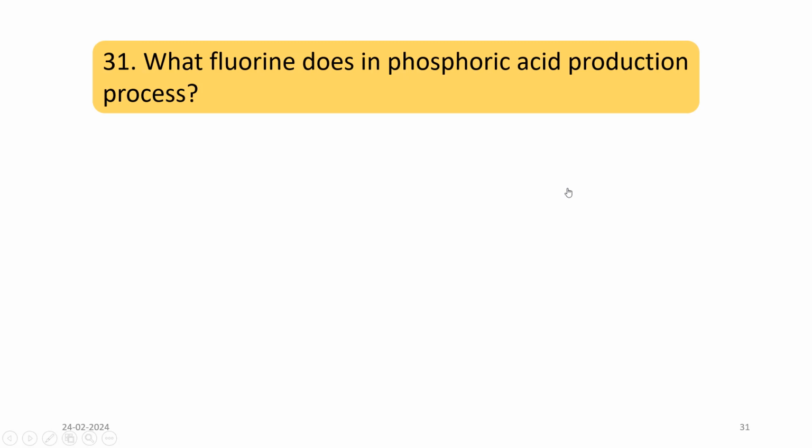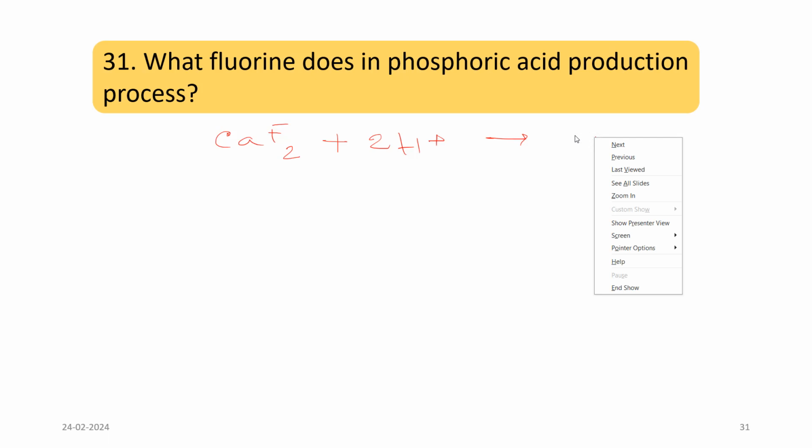So you have to tell it with proper equations. First, in phosphate rock, if some fluorine is present, that is called calcium fluoride, CaF2. It reacts with the hydrogen coming from the sulfuric acid, and it produces hydrogen fluoride, and here the Ca2+ ions.